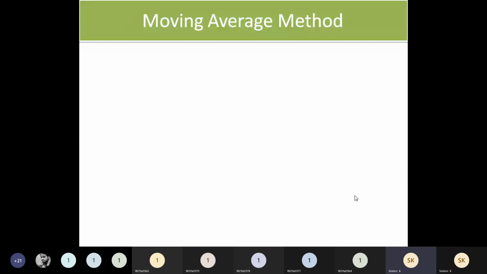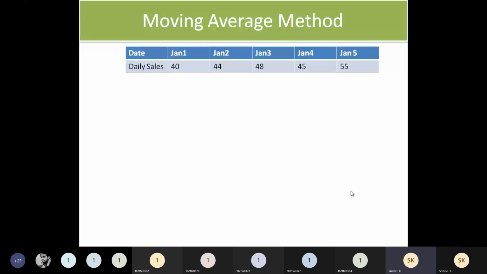So here I have taken a small data related to only 5 years to explain the concept. If it is large data for 10 years or 20 years, you can use the same concept, but you can move on more number of days or years to take the average.